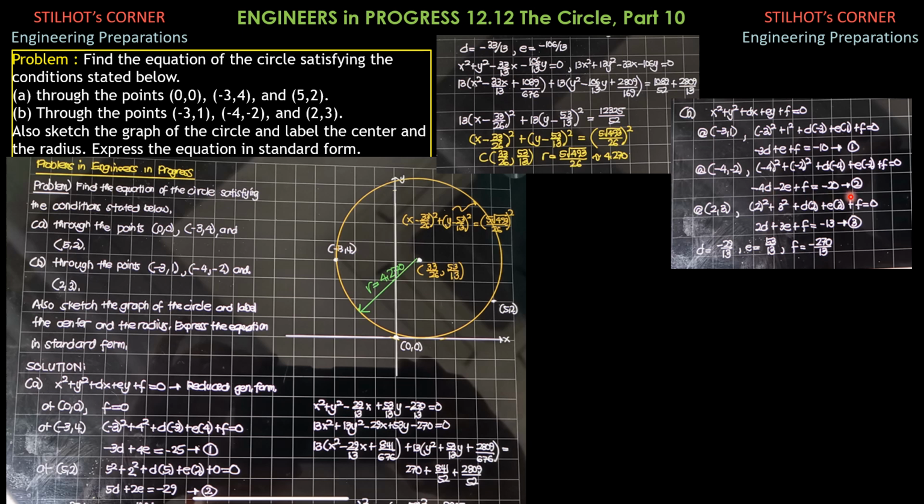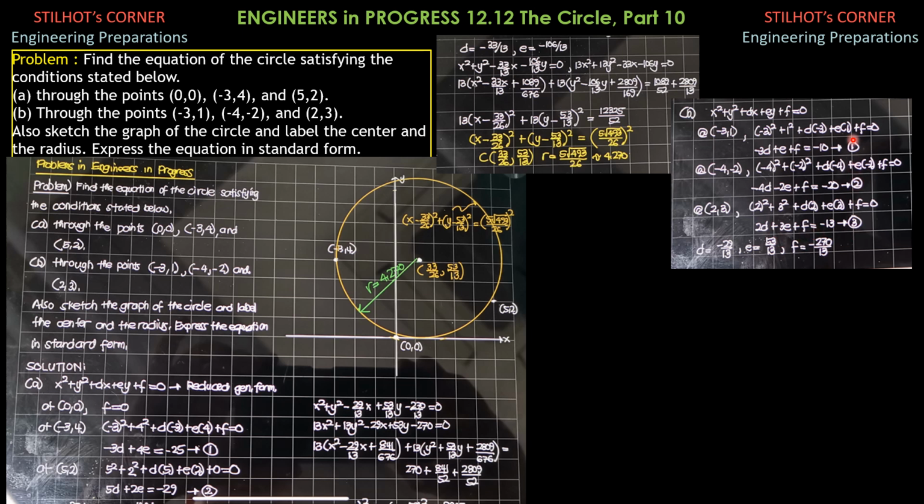So we call this equation 2. Then finally, at the third point, 2, comma 3, we have 2 squared plus 3 squared plus d times 2 plus e times 3 plus f equals 0. So 2d plus 3e plus f equals negative 13, equation 3.